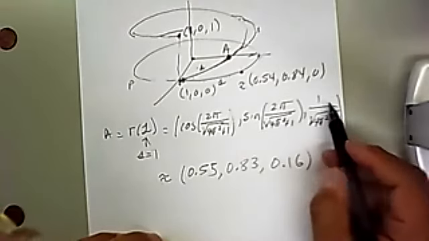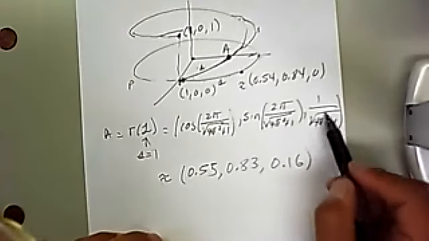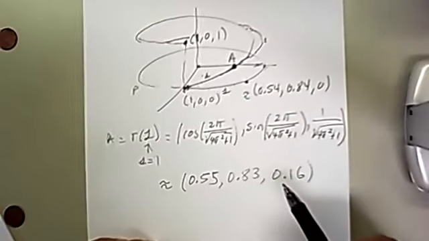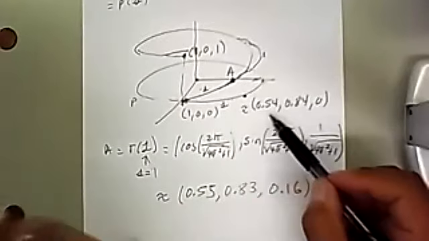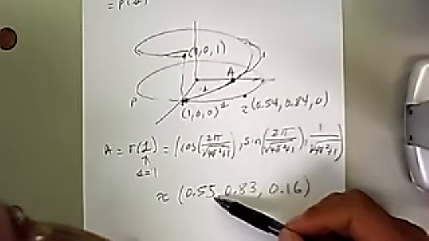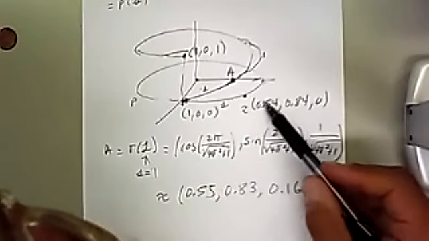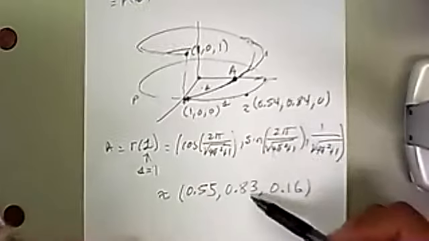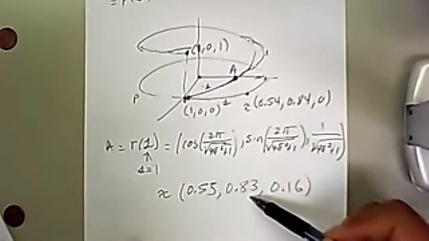So if you plug into your calculator 1 over the square root of 4 pi squared plus 1, we end up with this. So notice how they're close, certainly. The coordinates are close, 54 versus 55, 84 versus 83 hundredths.